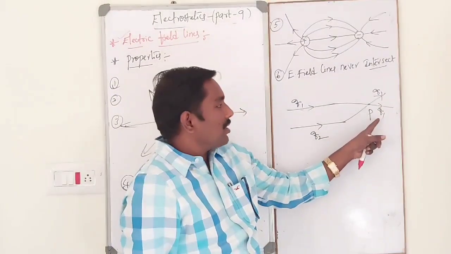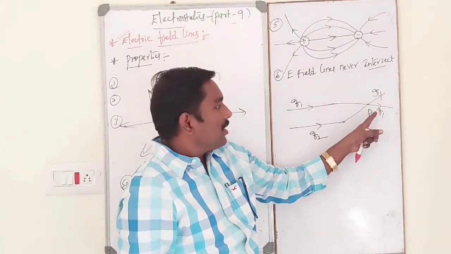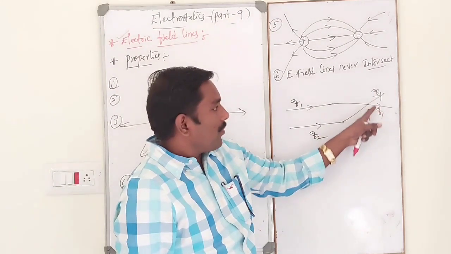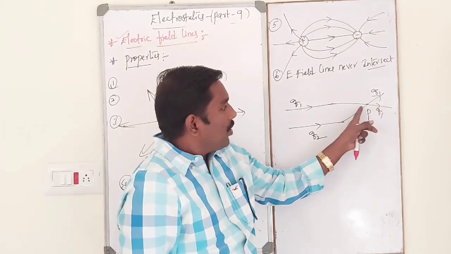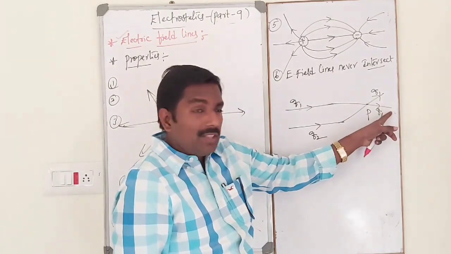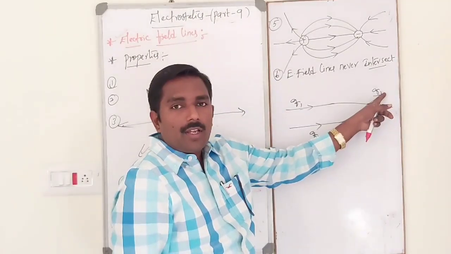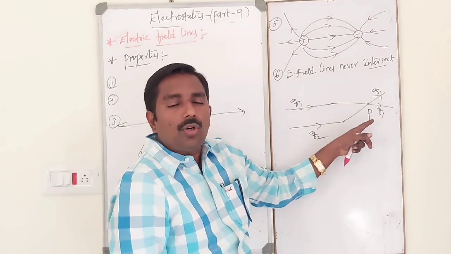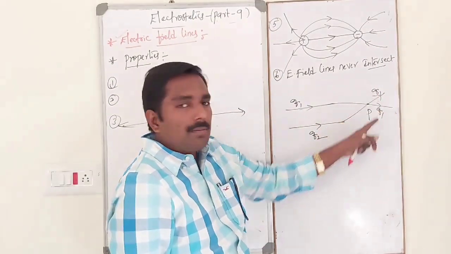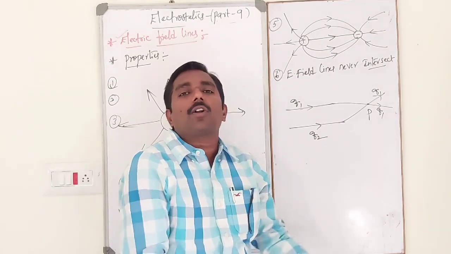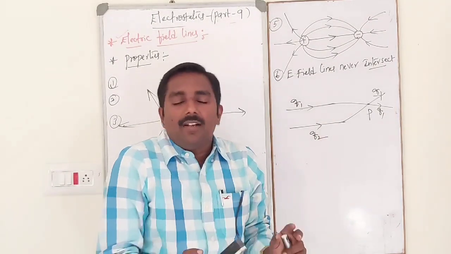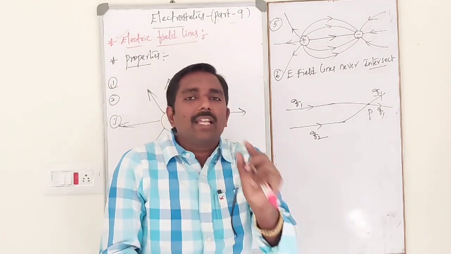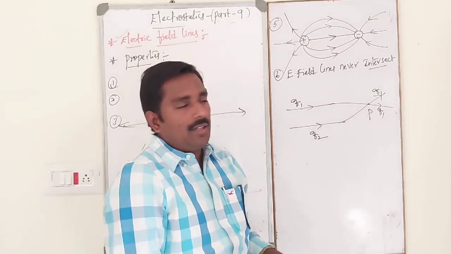So the flow of charge in two directions seems possible. Q1 could move this way or this way. But really it is not possible, because the direction of the electric field is only a single way, not two ways.